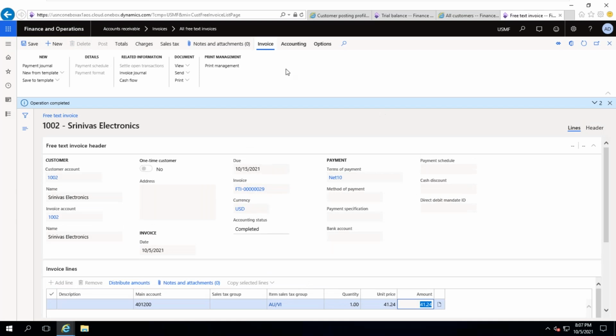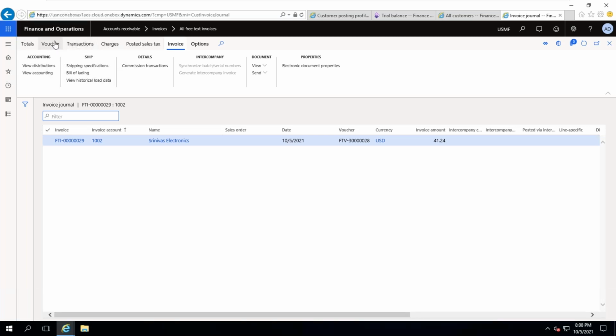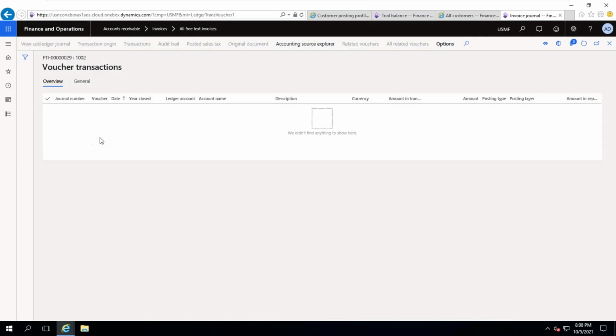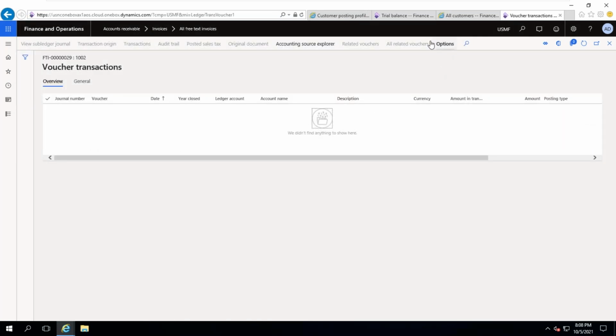So now if you go to invoice journals, vouchers, because vendor account 1002 is mapped with, give me a second.